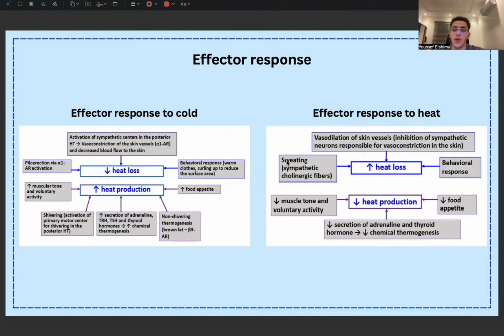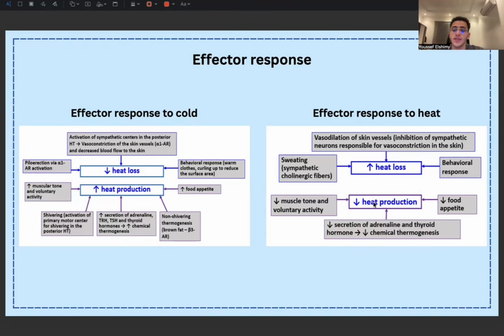Also, you activate the cholinergic fibers of the sweat glands. So this would lead to sweating, and sweating with evaporation would lead to heat loss. We have also a behavioral response, so wearing lighter clothes, turning on the AC, for example.